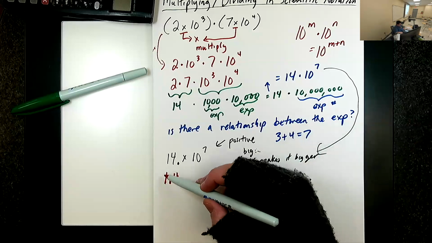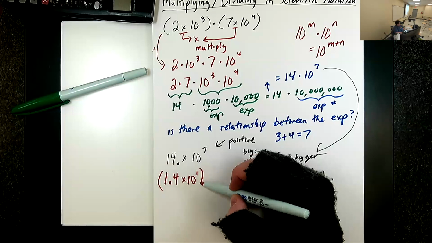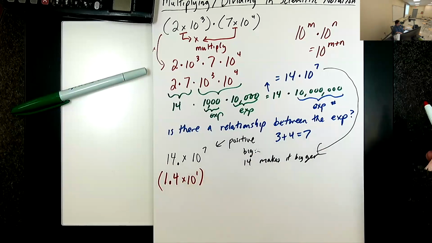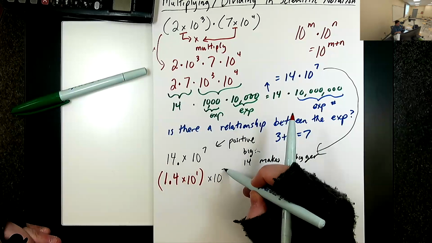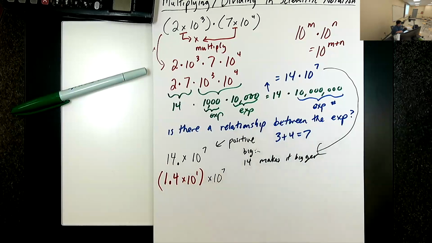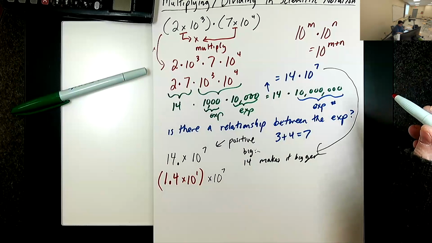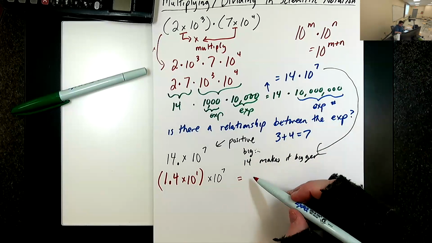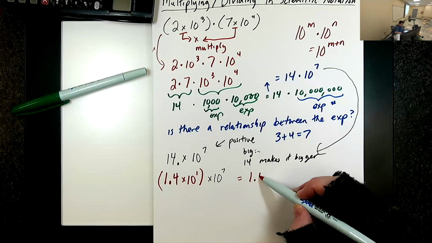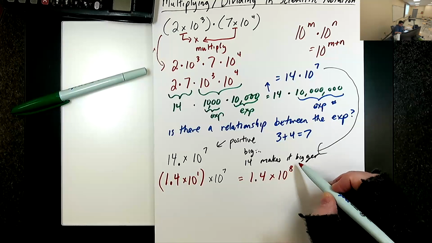And one way to do this is write the 14 as 1.4 times 10 to the 1. And I still have times 10 to the 7th. Then we can use the rule we used above with adding the exponents, because the 10s are the same base. And I have 1 plus 7 is 8.